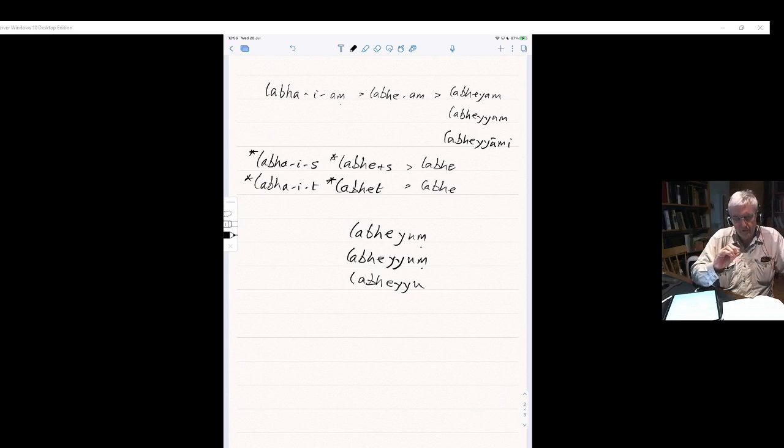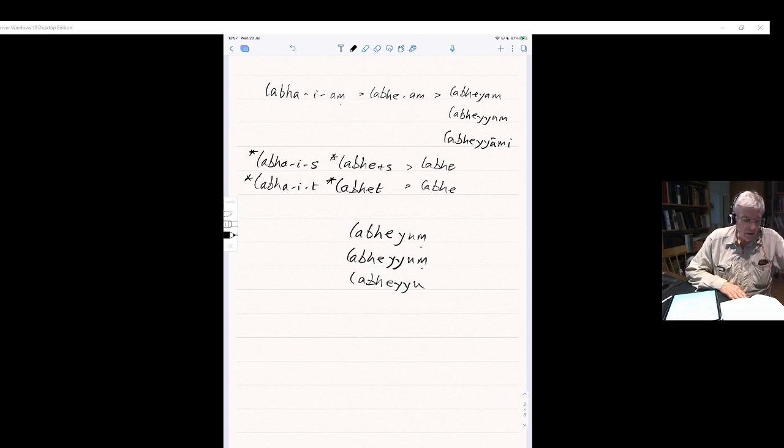So if you see the form labhe, bhave, sune, and so on, it can be first, second, or third person. You'll have to determine from the context which one it is. In Sanskrit, of course, you wouldn't have that problem. All the forms would be distinct, as usual in Sanskrit, but you will see this in Pali, and we're going to see it in a few minutes' time when we look at the optatives as they occur in the Karaniya Metta Sutta.